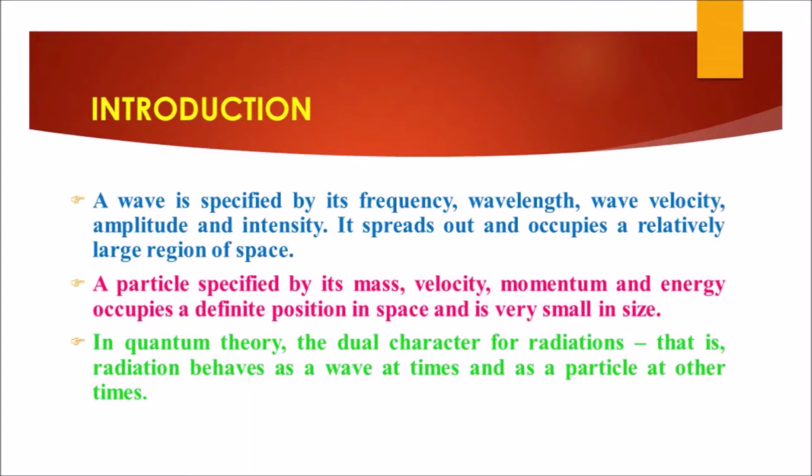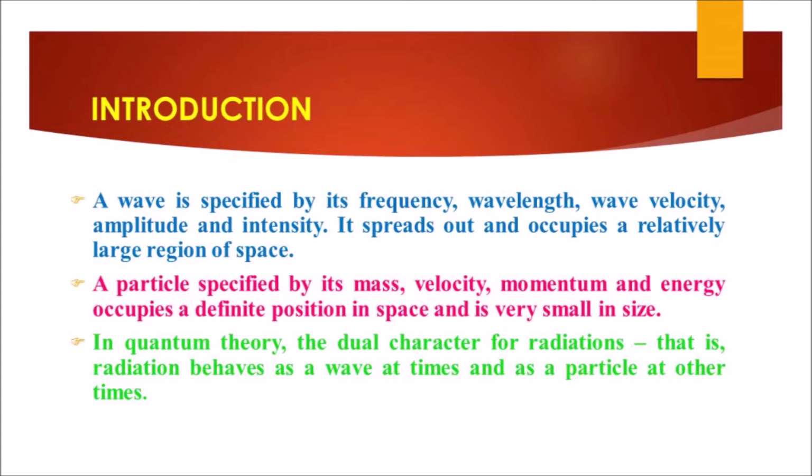So far, we learned that the characteristics of particles and waves are different. Here, a wave is specified by its frequency, wavelength, wave velocity, amplitude, and intensity. It spreads out and occupies a relatively large region of space.